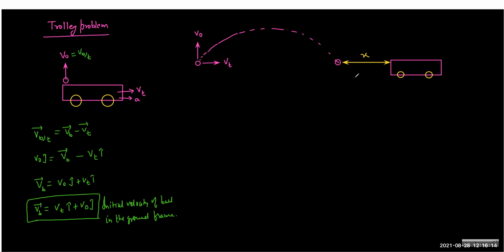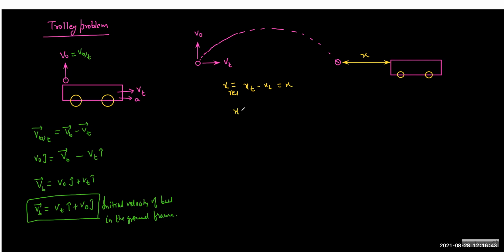So one way is to solve in the ground frame. The other way is you can directly write the answer. So x relative, because the ball has traveled some value and the trolley has also traveled some value. So x trolley minus x ball, and this is the x we are trying to find. The trolley has gone ahead, so we can in fact find the x relative directly.